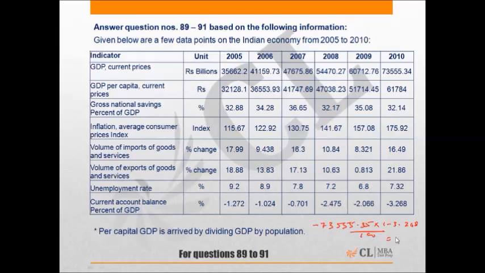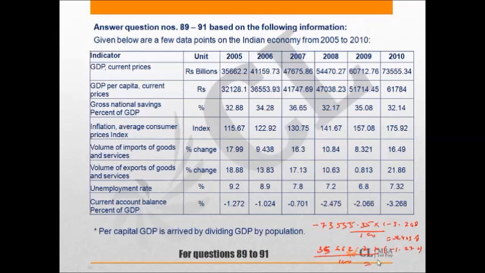It comes out to be minus 2403.8, and the same thing in 2005 is GDP in 2005, which is 35,662.2 into current account balance percentage of GDP, which is minus 1.272 upon 100.